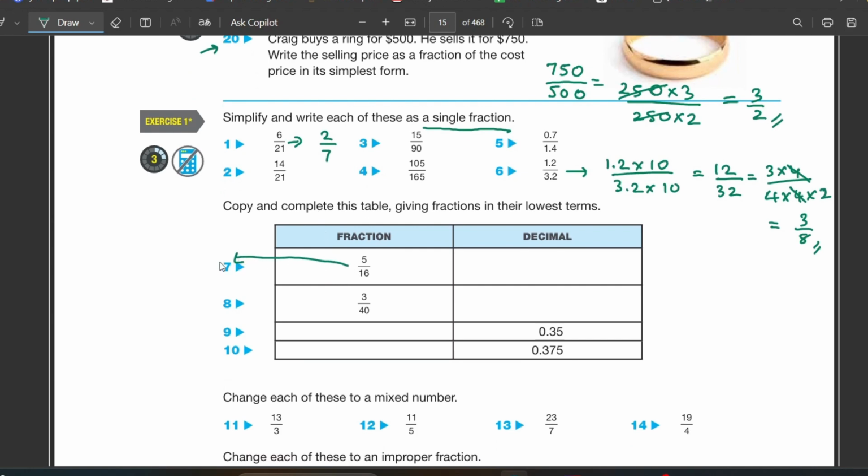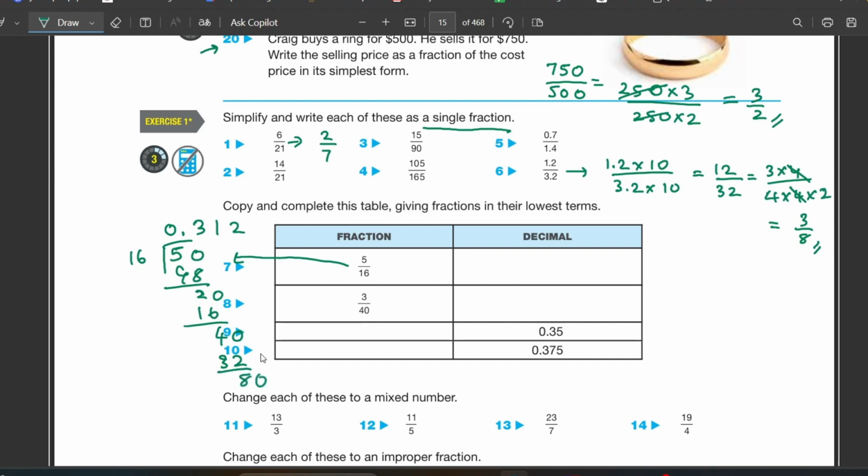These ones are similar. You have to do the long division. 5 over 16. 16 contains 50, 3 times 48. 2 remaining, 16 contains 20, 1 time. 4 remaining, 16 contains 40, 2 times, 32.